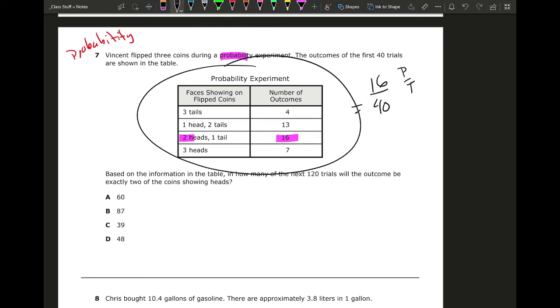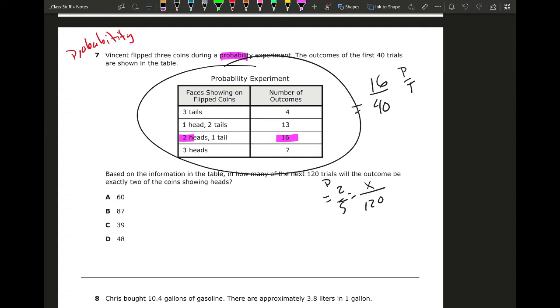If you divide by 4, that's 4/10. 1 quarter equals 2/5. So this is going to be my probability. 2/5, 2 out of 5 times. So we're going to do it 120 times. This is x, so this is going to be cross products. 5x equals 240. 240 divided by 5 gives me, what are you doing, mister? How did you get that?